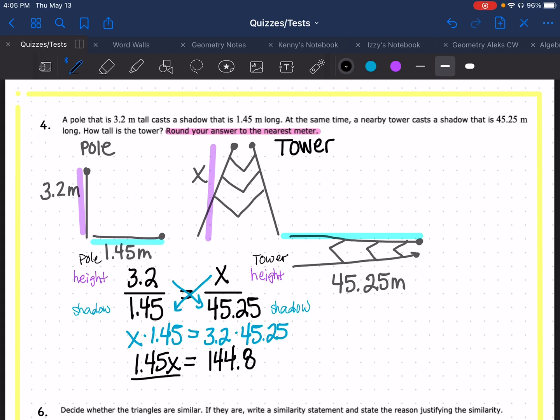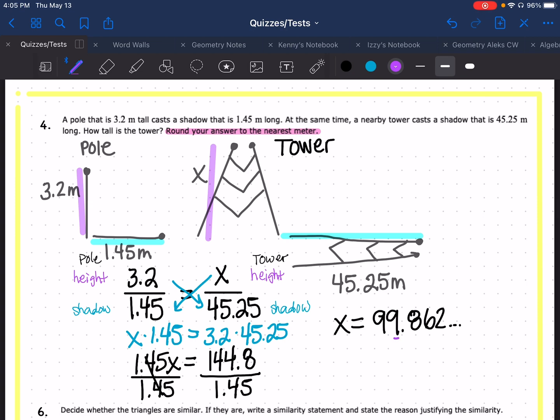I'm going to go ahead and divide by 1.45. And I'm going to put it right here. X is equal to, this is the decimal that I got. And it does repeat.